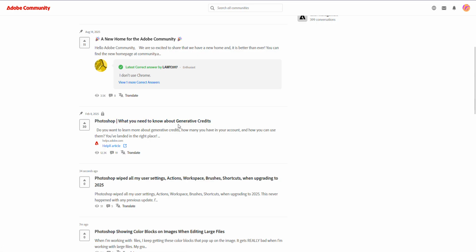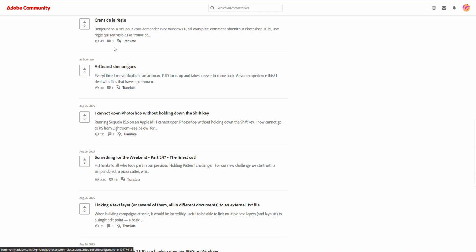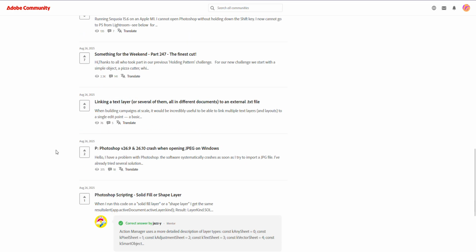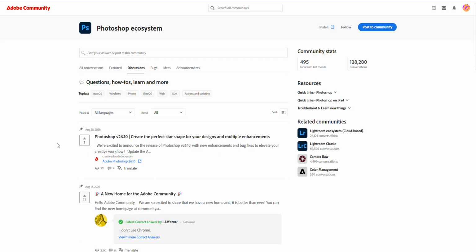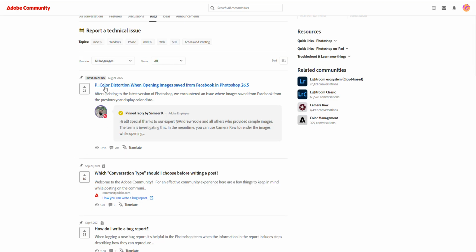Photoshop, what you need to know about generative credits, different articles. This is in another language. Okay, this says bonjour. It seems like it's in French. Then there are bugs, the problems that they face: color distortion when opening images saved from Facebook in Photoshop 26.5.